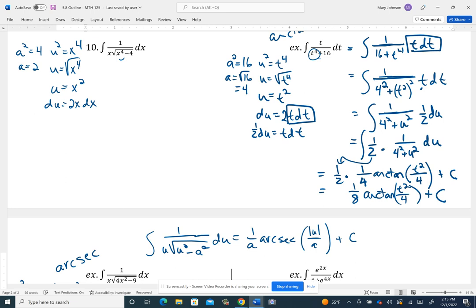There's a couple ways you might think about that. What I thought I would do is just go ahead and divide both sides by 2x, or multiply by 1 over 2x, like this.